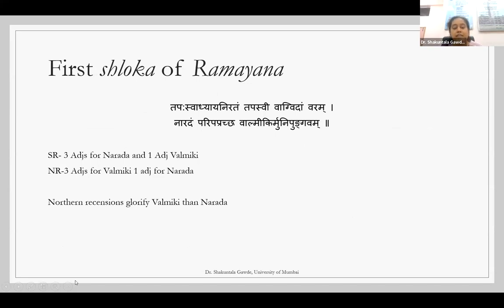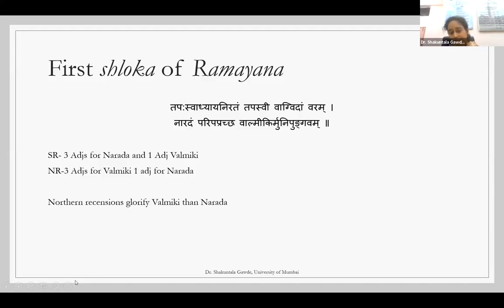Now, here we can see that tapasvadhyaya niratam, tapasvi, vagvidamvaram are all epithets of Narada: one who is engaged in penance and swadhyaya, self-study, who is a tapasvi, a great performer of great tapas, Vagvidam Varam, who is superior among those skilled in speech. These are all epithets applied to Narada.